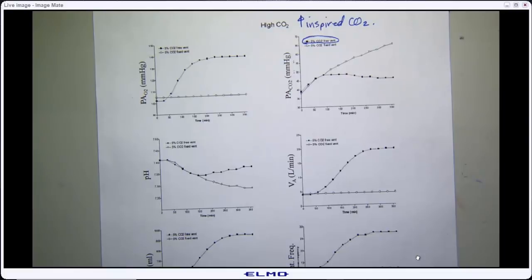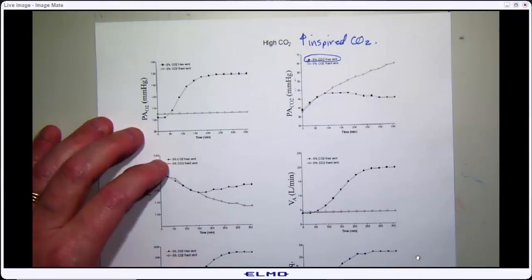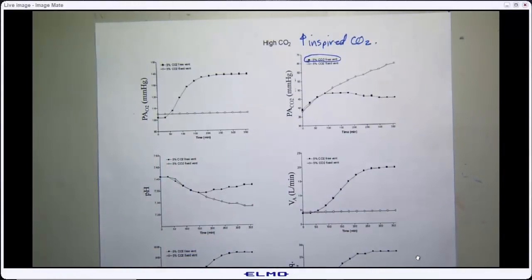Okay, so if it doesn't change anything, then we can move on to the next one because the body isn't going to be changed. Okay? How would the body be changed by increased inspired CO2? Yes. So we would increase ventilation.